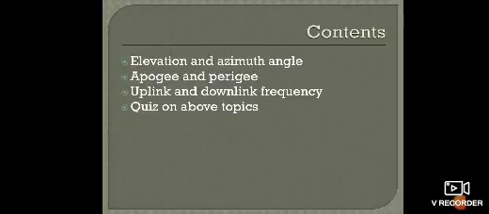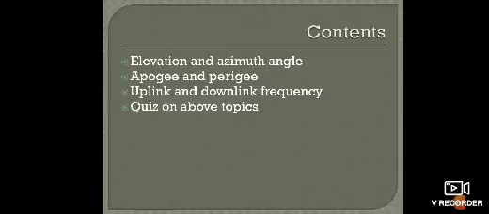Whenever we have satellite communication, to optimize the performance of the satellite communication system, the direction of the maximum gain of an earth station must be pointed directly at the satellite.